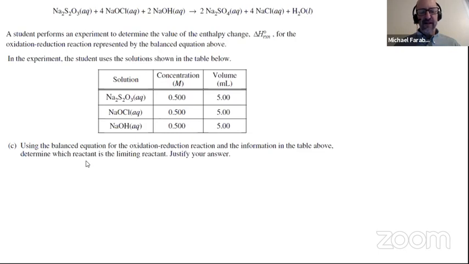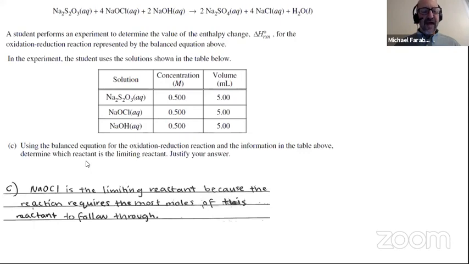Here is the student's answer. NaOCl is the limiting reactant because the reaction requires the most moles of this reactant to follow through. So think about what this student has done wrong and how you would phrase the answer to this question yourself.